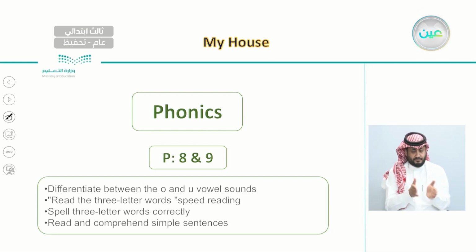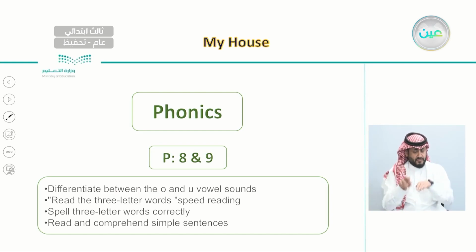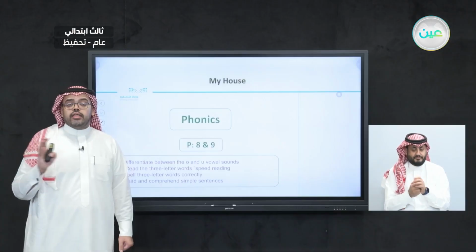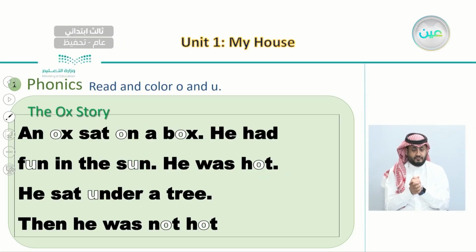And after this, the last thing we covered was phonics on pages 8 and 9, to differentiate between the O and U vowel sounds, and to read three-letter words with speed reading, so we can know the differences between pronouncing words that have O and words that have U.